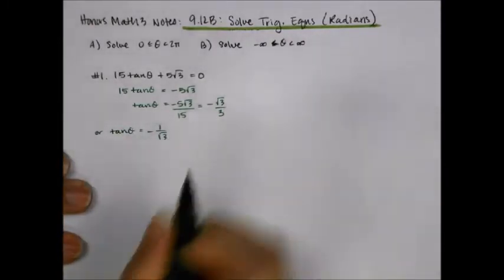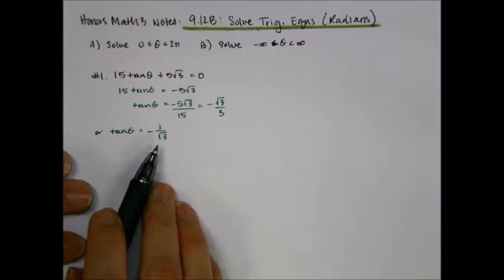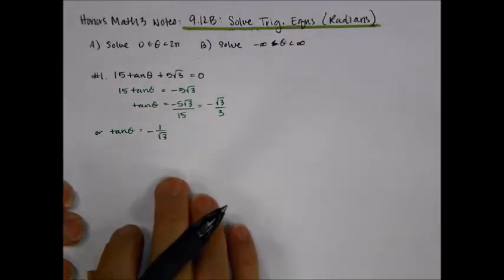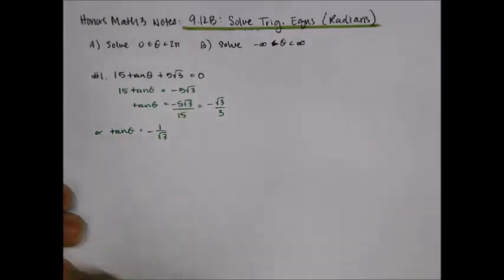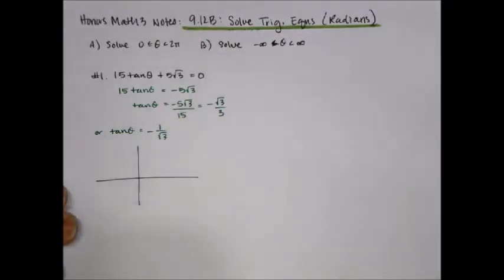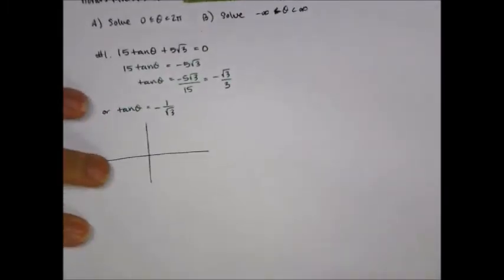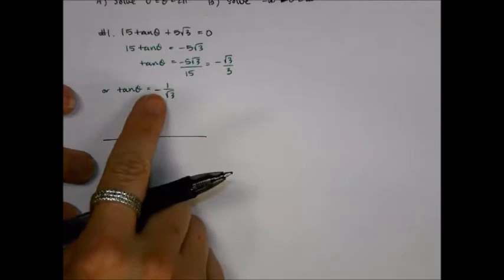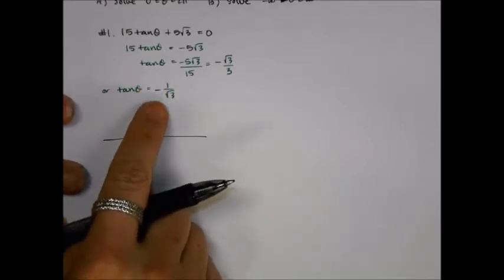And these would be the side lengths for the triangles that we're used to. So let's figure out what these are. We're looking at tangent is negative, so that would be in quadrants 2 and 4. So in quadrant 2 and directly across from it in quadrant 4, we want to label our right triangles with the opposite side 1 and the adjacent side root 3.